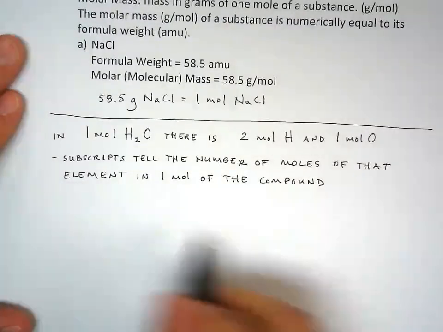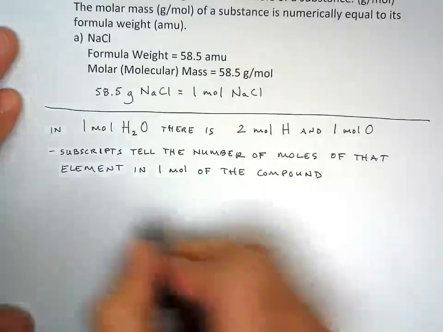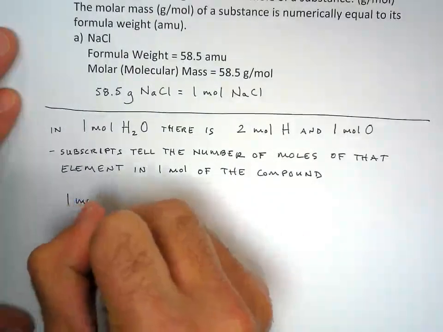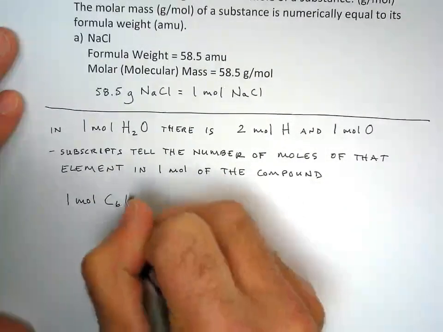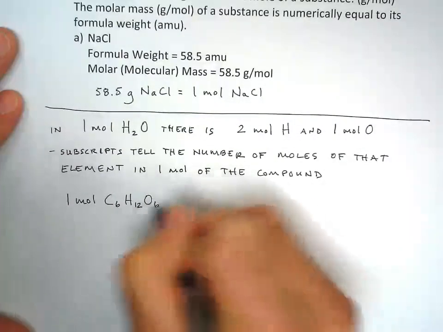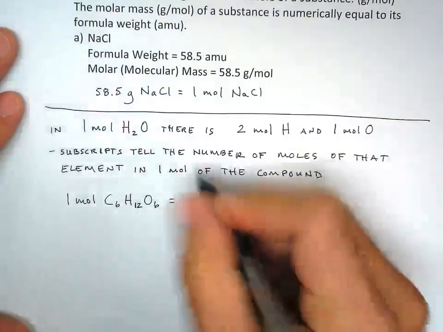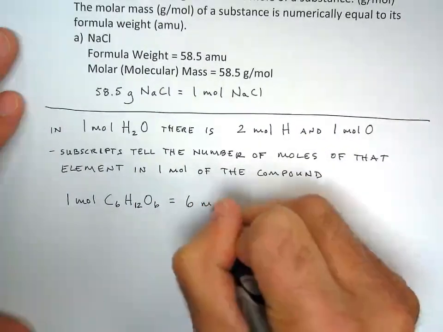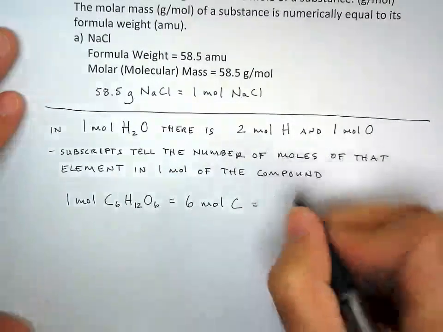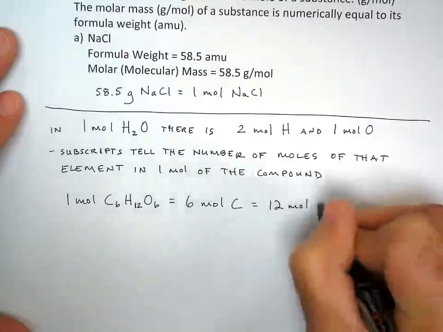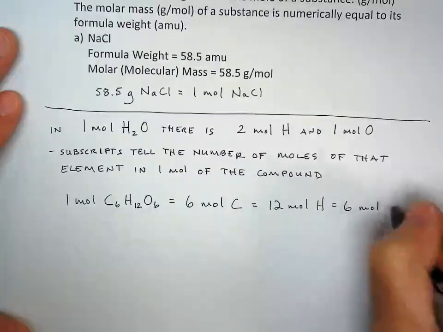Okay? So, for example, let's just show you another example of this. If you have 1 mole of, say, glucose, okay, 1 mole of glucose, you have is equal to 6 moles of carbon, 12 moles of hydrogen, and 6 moles of oxygen.